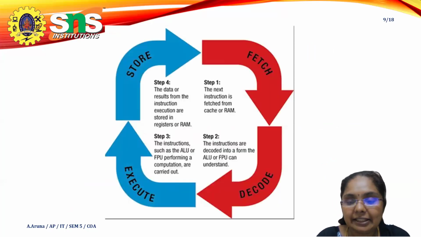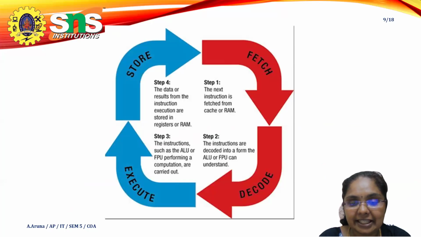Inside the architecture, we have 4 stages. One is the fetching stage, where the next instruction is fetched from a cache or RAM. The next is decode. The instructions are decoded into a form the ALU or functional processing unit can understand. Based on the need only, we are decoding our data.